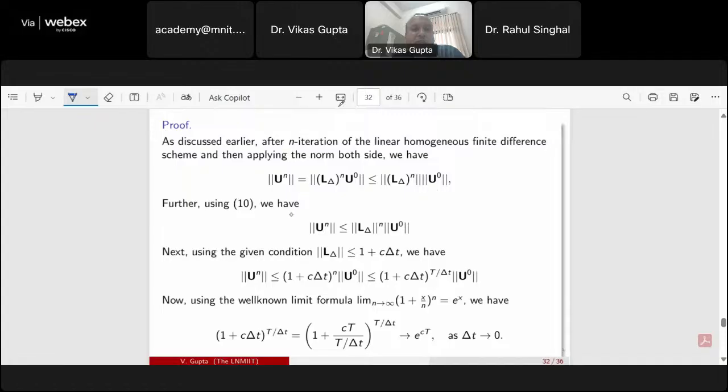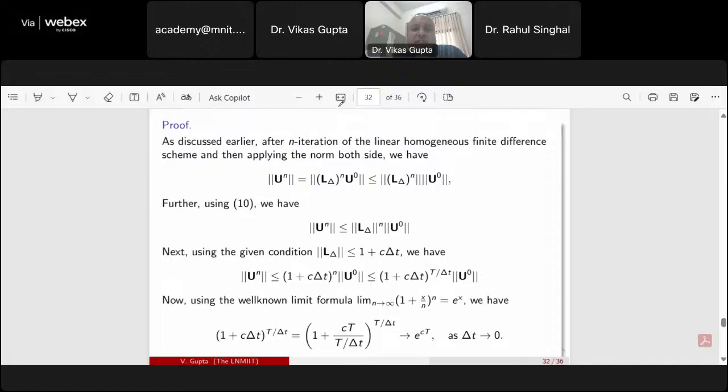Further, norm of L delta to the power n is less than or equal to the nth power of norm of L delta. So using that equation number 10, we are getting this equation: norm of u^n is less than or equal to nth power of norm of L delta into norm of u^0.